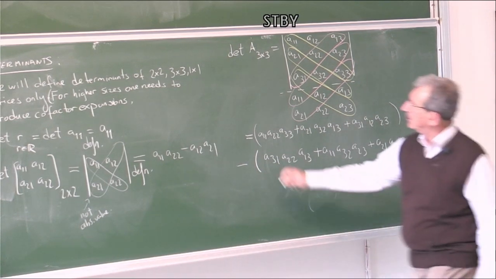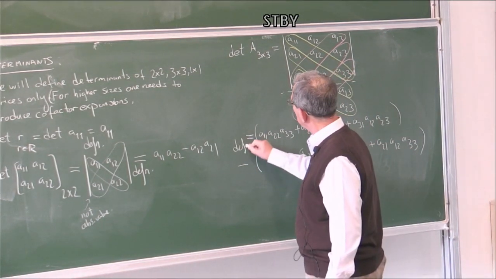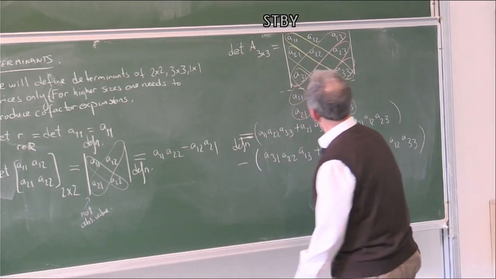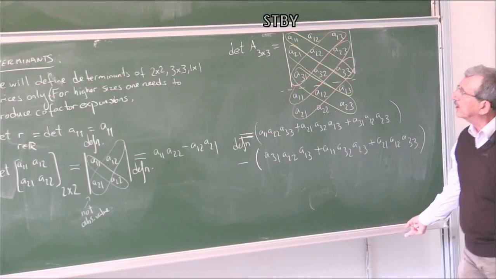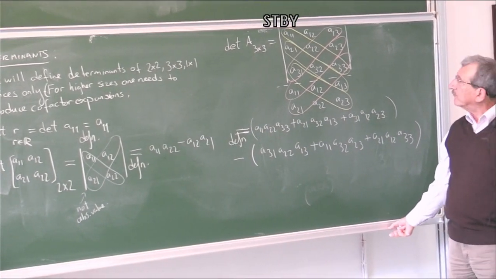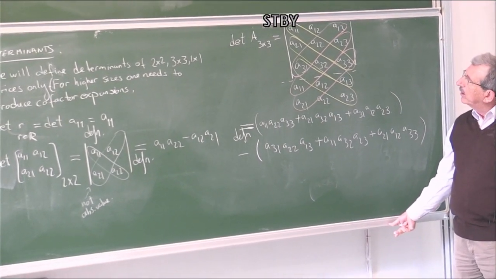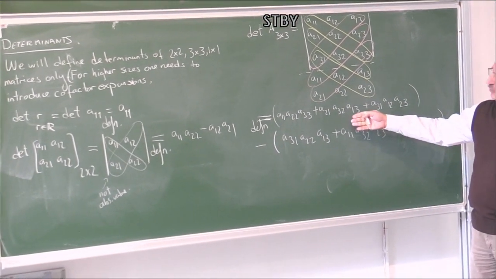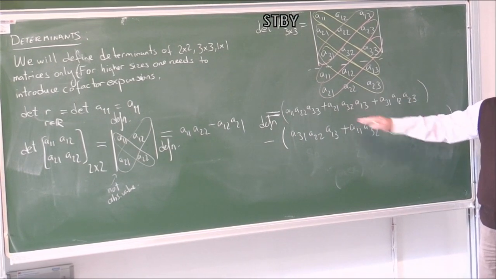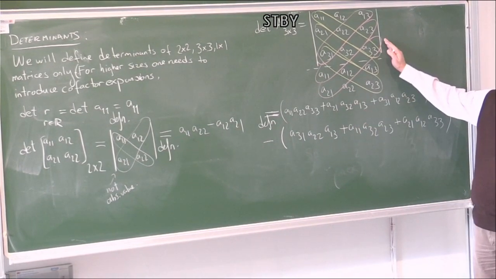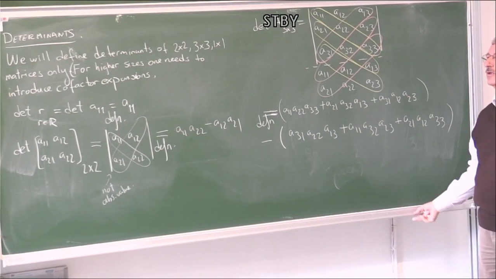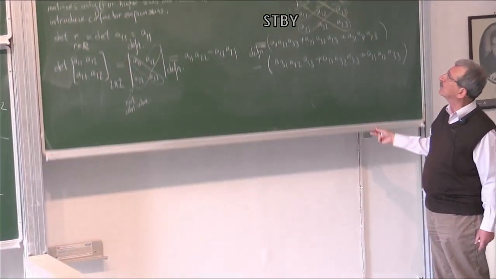This is the definition of the determinant of a 3 by 3 matrix. Now, of course, you should not memorize any of these things, only learn the method. That is quite easy, actually, once you get used to it.